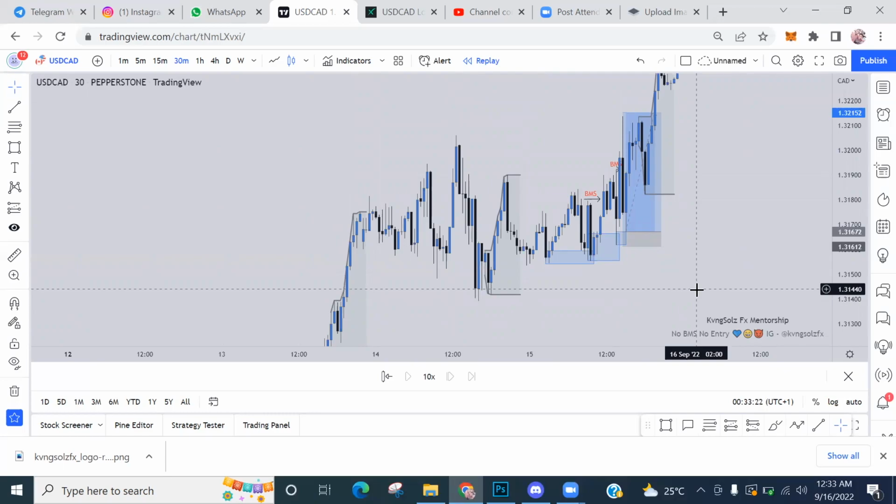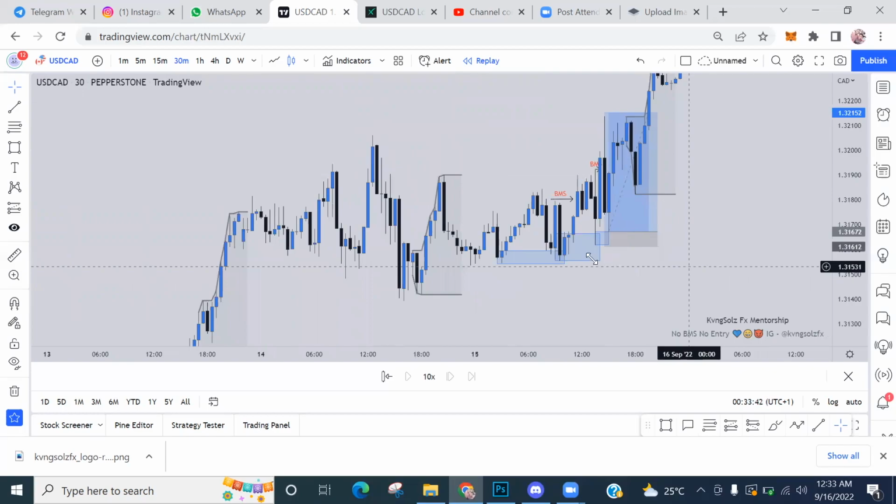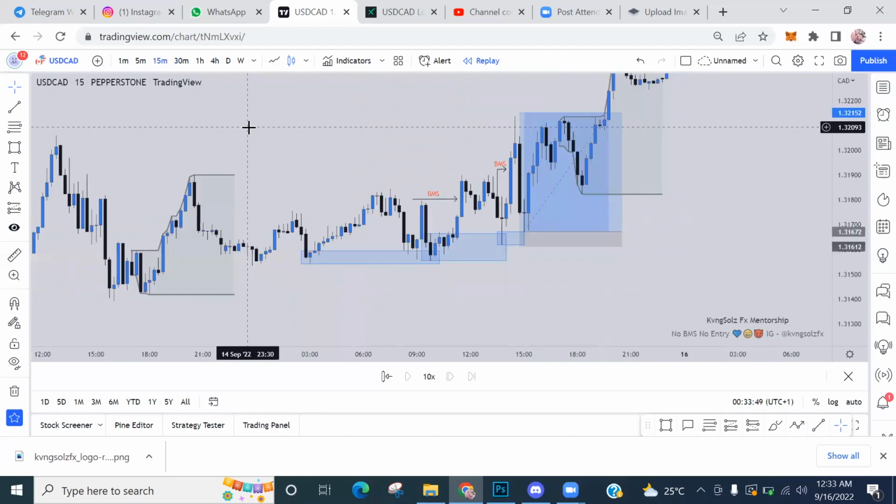I gave an example for the bearish flip zone, right? Demand that became supply. Okay, yeah. So now this one would be the supply to demand flip. Okay, let me just toggle through my time frame and show us something.